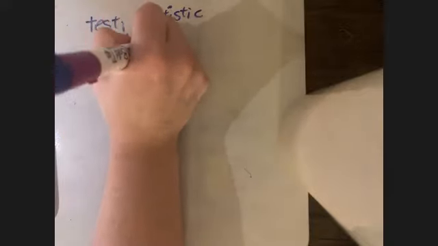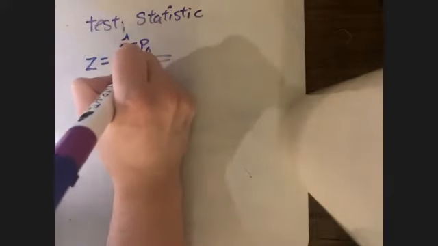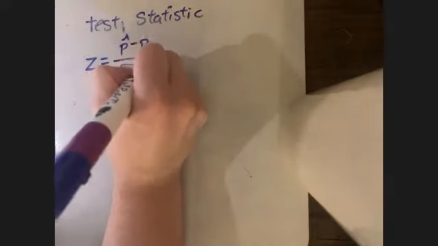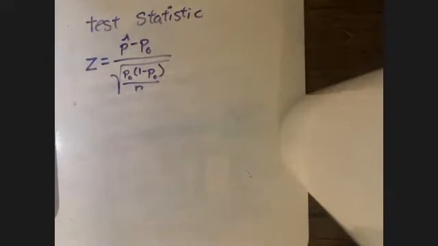Now, the formula for our test statistic is p hat minus p naught over the square root of p naught times 1 minus p naught over n. So this is the formula for your test statistic, and in either scenario, you are going to have to find this.